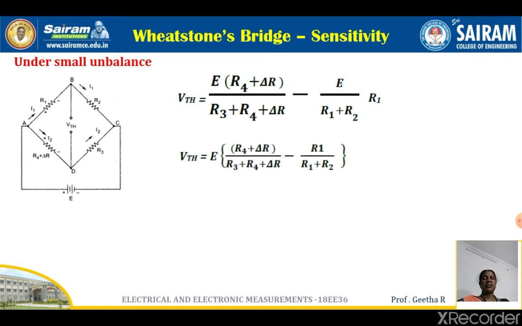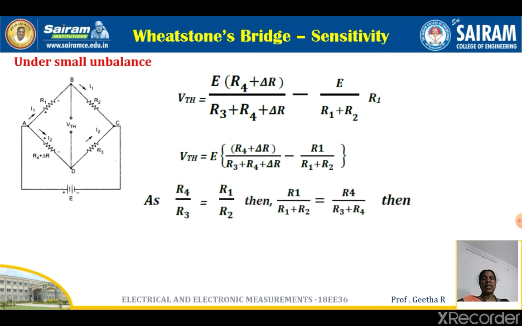Since E is common here, it is taken out. Again, with the condition when R4 by R3 is equal to R1 by R2, you can write R1 divided by R1 plus R2 is equal to R4 divided by R3 plus R4. Wherever you have R1, that can be replaced with R4, and wherever you have R2, that can be replaced with R3, because R4 by R3 is equal to R1 by R2.